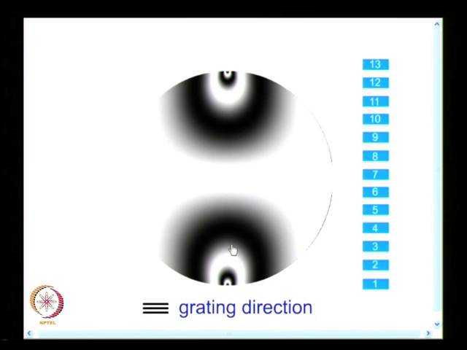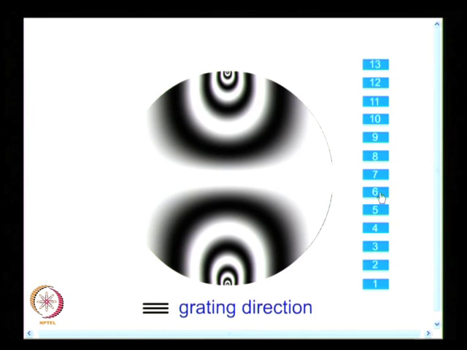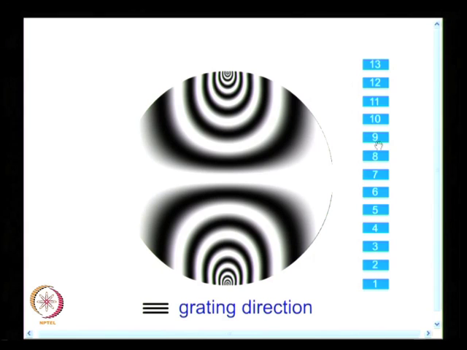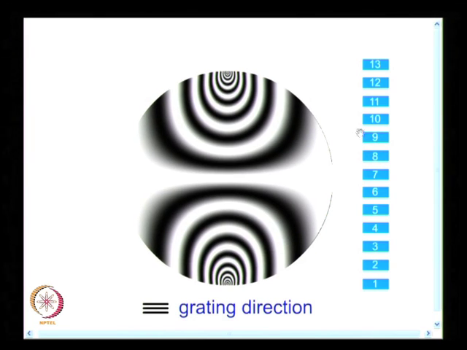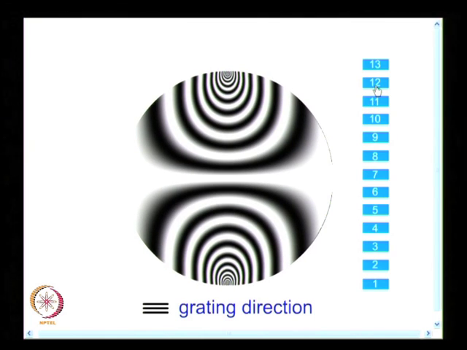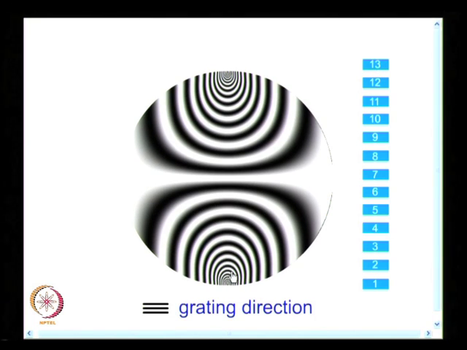What you also find is a very broad fringe, and as you increase the load, the fringes move and occupy different positions. So, it is possible for you to label them appropriately. If you have this knowledge, what you find is this fringe has moved at a very high load.